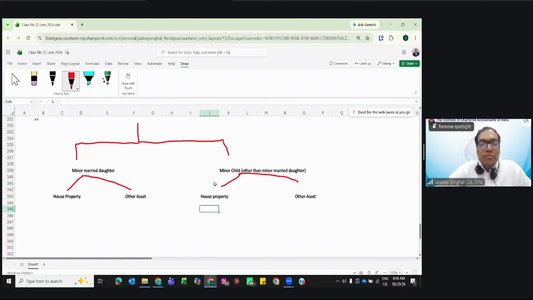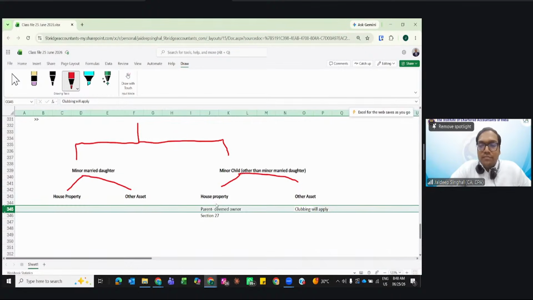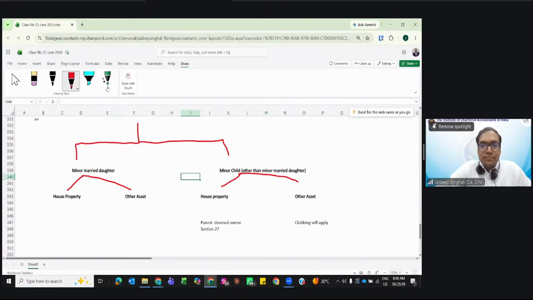If you have shifted the income to the minor, you have transferred the asset without adequate consideration, so the parent will be considered the deemed owner. In this case, the deemed owner concept applies, section 27. In case of other assets, the clubbing provisions will apply. Right? This is what you have already studied in income from house property.